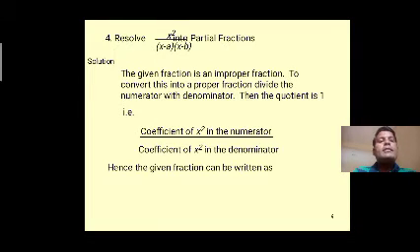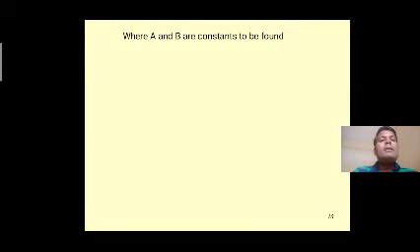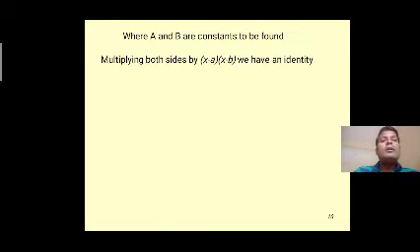Hence the given fraction can be written as x square by x minus a into x minus b equal 1 plus a by x minus a plus b by x minus b, where a and b are constants to be found. Multiplying both sides by x minus a into x minus b, we have an identity.